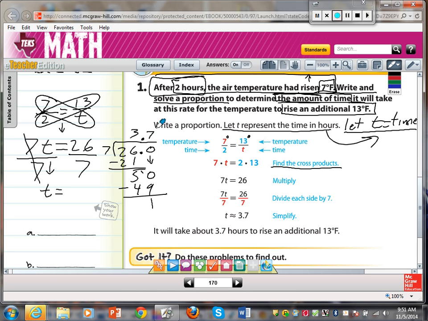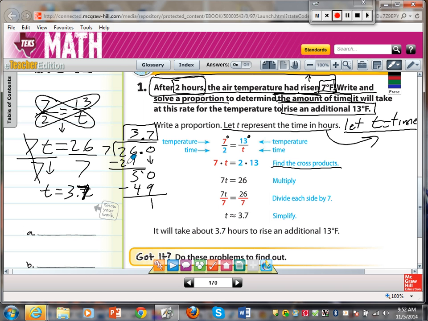So you can see that now you could get your 3.7 and put it over here. So, 3.7. Okay, so then we go back to the question. It says, write and solve a proportion, which we already did, to determine the amount of time it will take at this rate for the temperature to rise another 13 degrees?